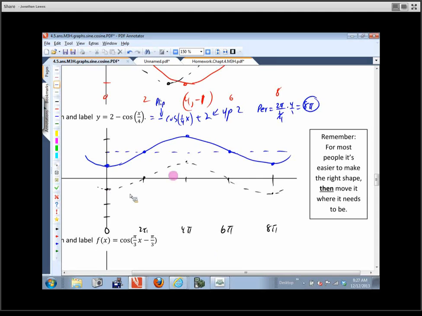And since each one of these 5 points on the black graph are easy to find, aren't these easy to find also? This would be 0, 1. This would be 2 pi, remember this is right along the center line, so that's going to be 2. This is going to be 4 pi, 3. This is going to be 6 pi, 2. And this is going to be 8 pi, +1.